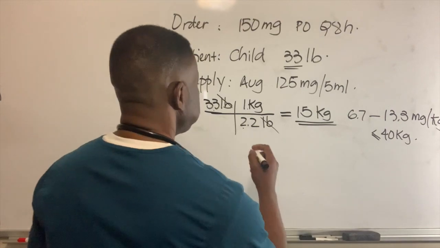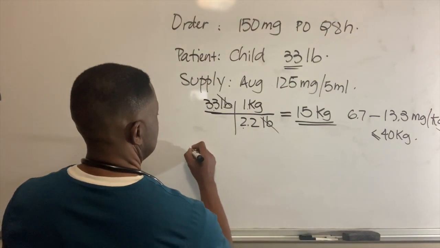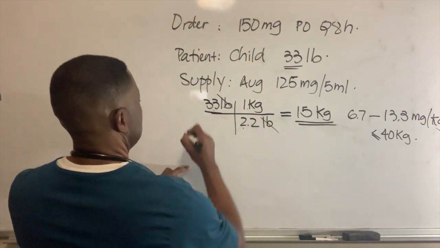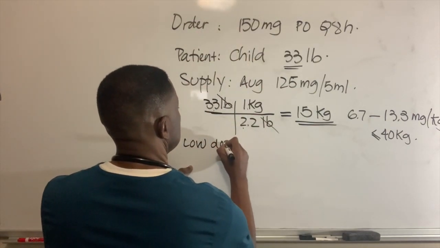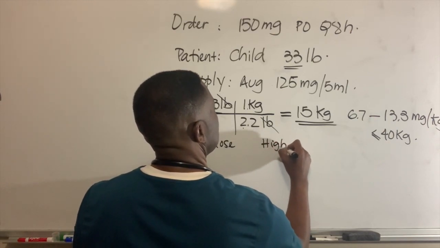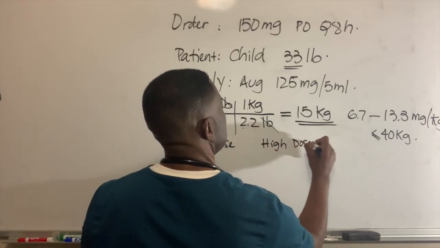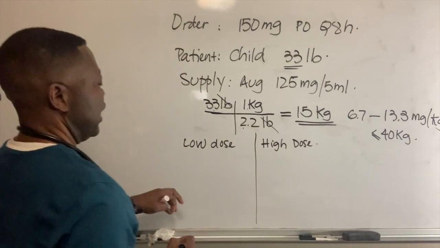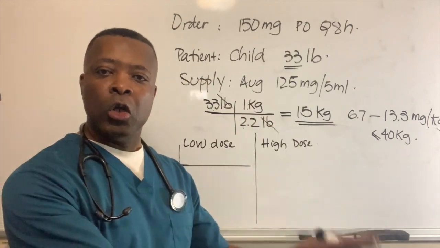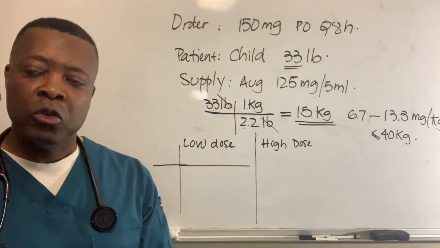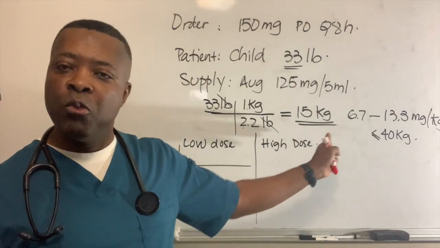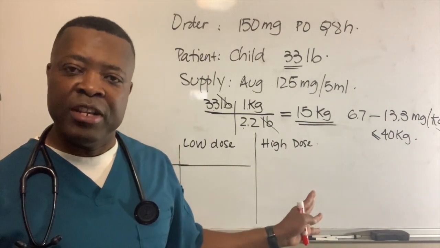Alright? Okay. Let's say low dose, high dose. We're gonna work with both the low dose and the high dose to find out whether or not the order falls within the recommended range.